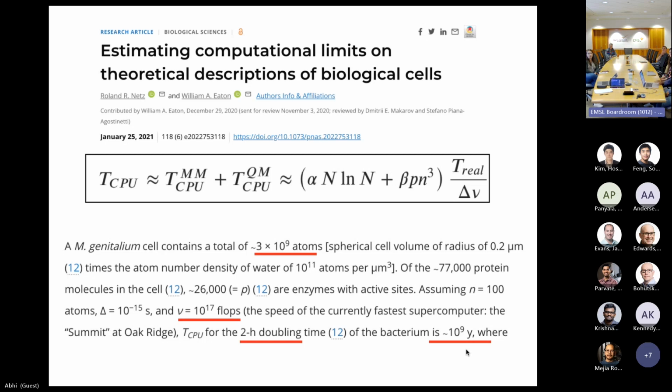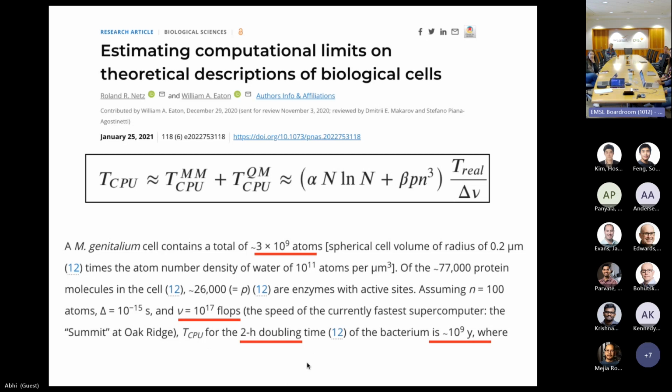You can say, okay, I am not very interested in a whole cell. A protein is a lot smaller than that. A protein in a membrane and water would come down to, let's say, the biggest will be 10 to the power 6 atoms. So you lose 3 orders of magnitude here. That still brings you down to 10 to the power 6 years. You can say, I'm not very interested in 2 hours of doubling time.